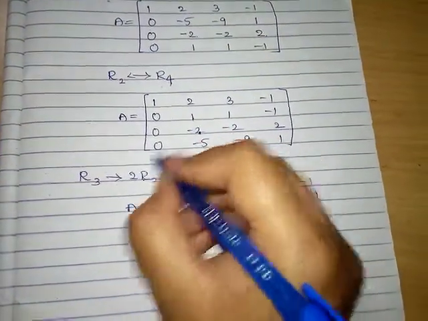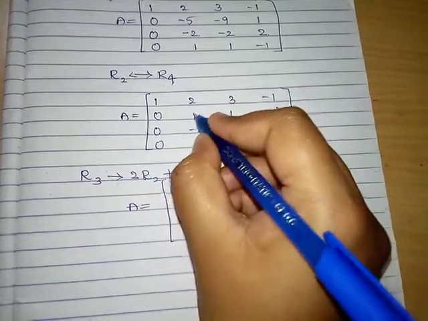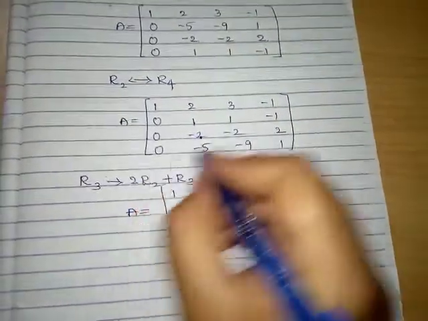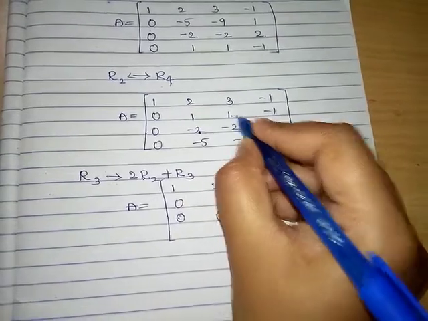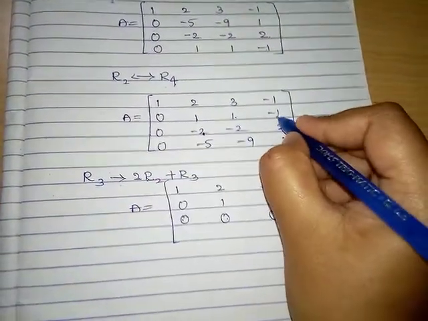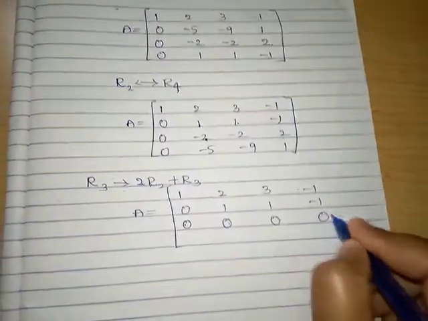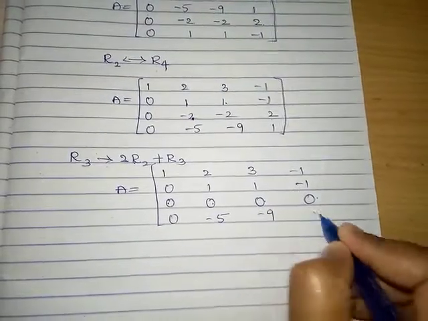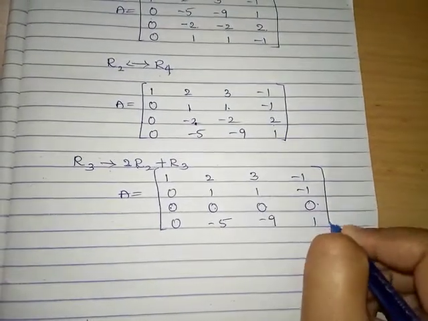Minus 2 here, 2 into R2 means 2 into 1 is 2, 2 plus minus 2 is 0. Next, 2 into 1 is 2, minus 2, 0. 2 into minus 1 is minus 2 plus 2, it is 0. Next row is as it is, minus 9 plus 1.